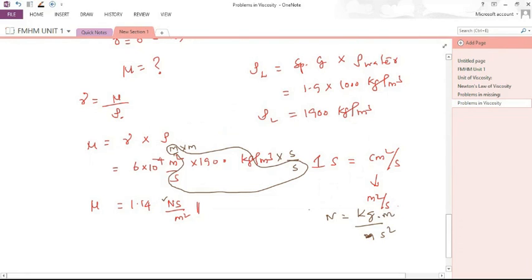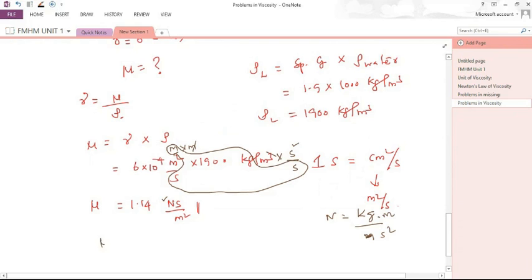So kilogram per meter second square is nothing but Newton. Considering 1 meter, second square, kilogram, and the rest will be second, and in the denominator we have meter cube. So we get meter square.